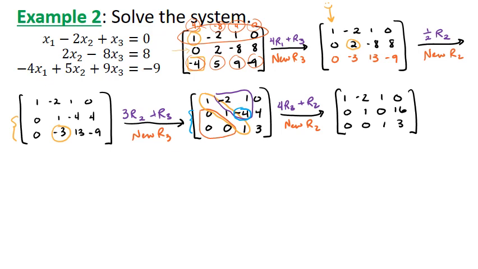All right, now I'm going to try to change this. I'm going to use these two rows. I'm going to multiply row 2 by 2 and add it to row 1. This will give me a new row 1.